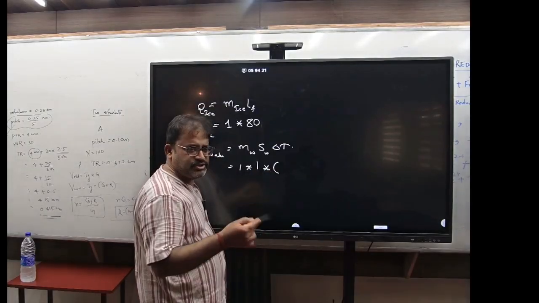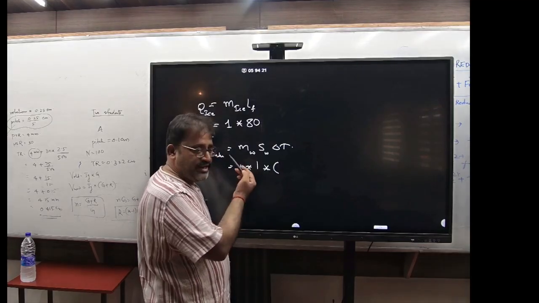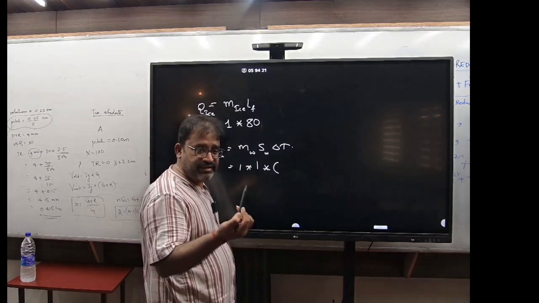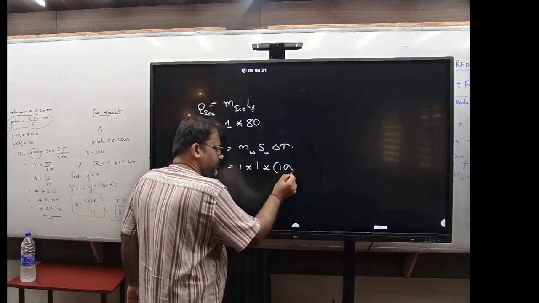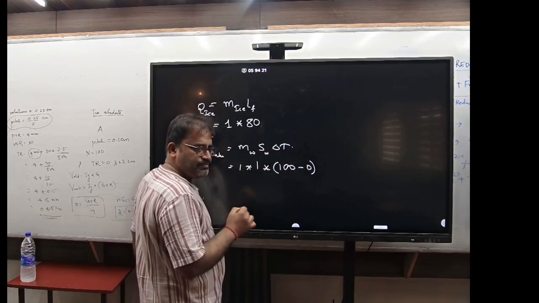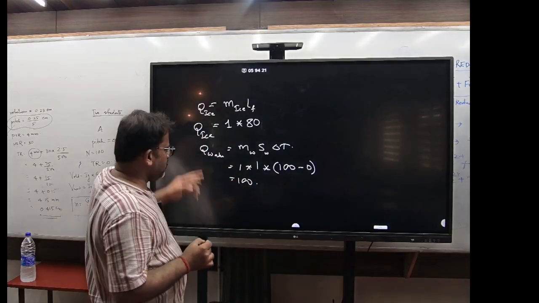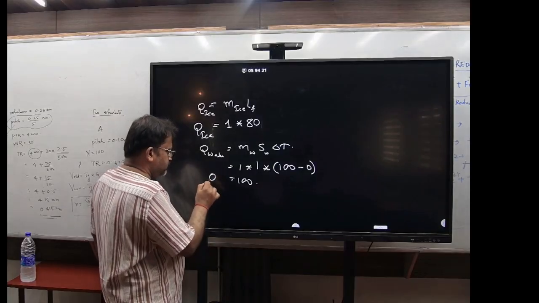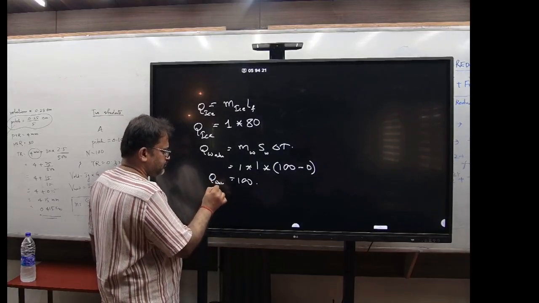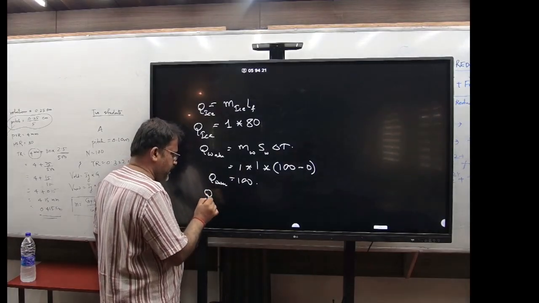Now what is the change in temperature? As I told you, the maximum temperature that the liquid water can reach is 100 degrees Celsius. The minimum temperature is definitely 0. So that is equal to 100. Now let us go for Q ice and Q water and take the combined heat.